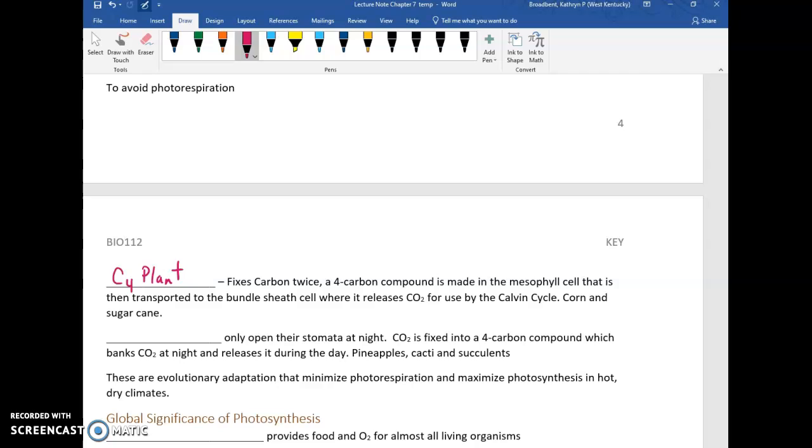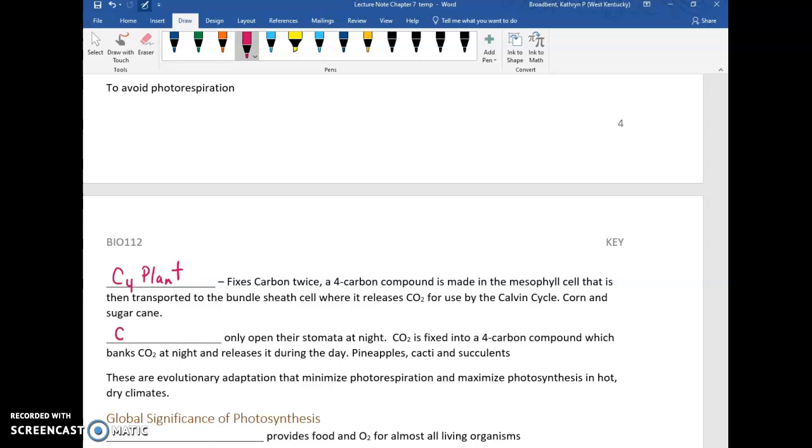First, they fix the carbon dioxide into a 4-carbon compound that is then transported to the bundle sheath cell, and then CO2 is released at the Calvin cycle. And this happens in corn and in sugarcane.